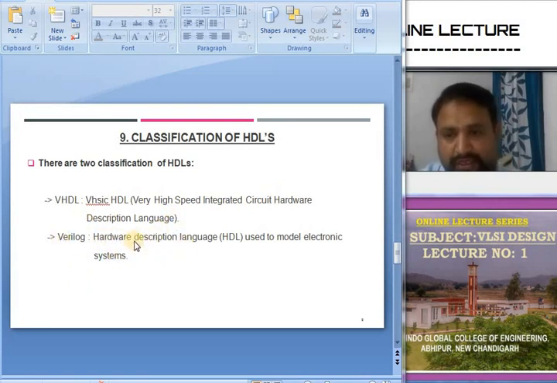Similarly, we have Verilog, which is a hardware description language used to model electronic systems. So these are very important regarding fabrication, because to get the proper design we must have the hardware which can be programmed, and likewise that hardware can be further applied to the circuits.